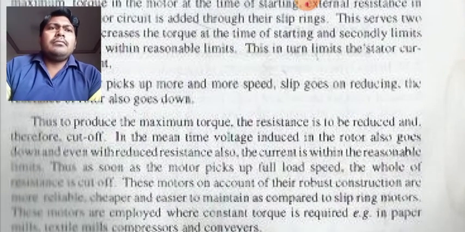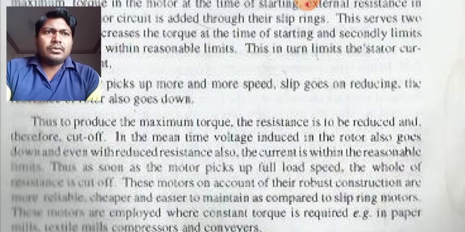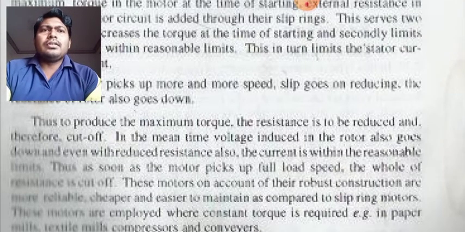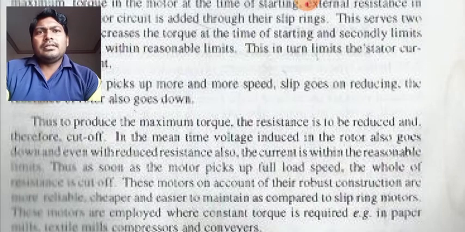In the meantime, the voltage induced in the rotor also goes down, and even with reduced resistance the current is within reasonable limits. This is seen as the motor picks up full load speed, the whole of the resistance is cut off.